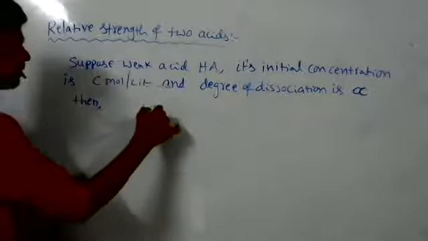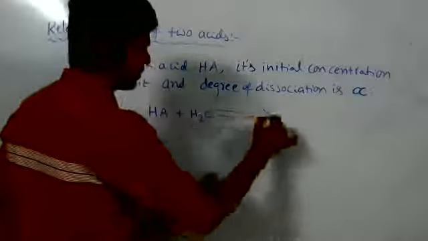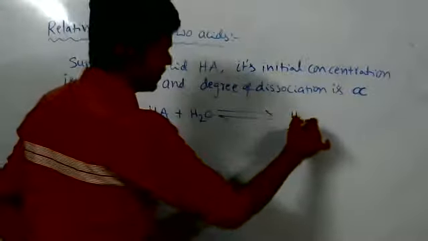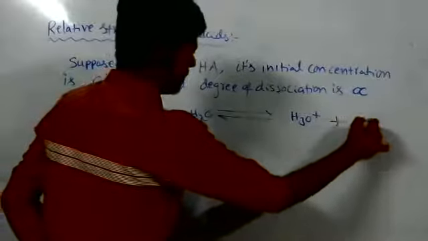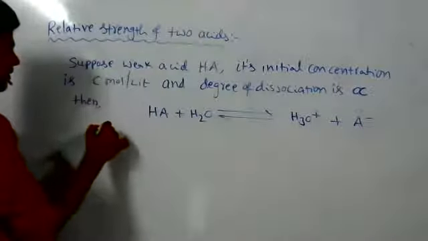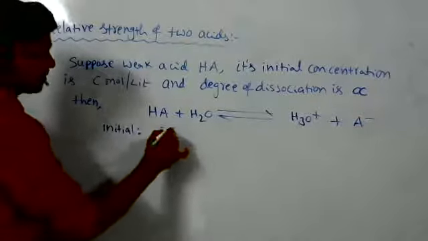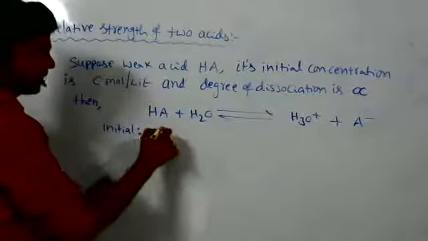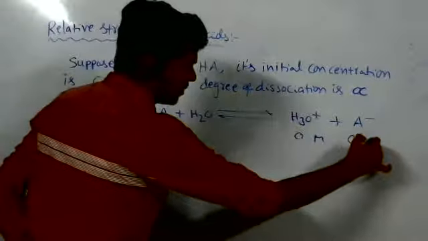Then HA plus H2O gives H3O⁺ plus A⁻. Initial concentration C mole per liter, 0 mole, this is also 0 moles.